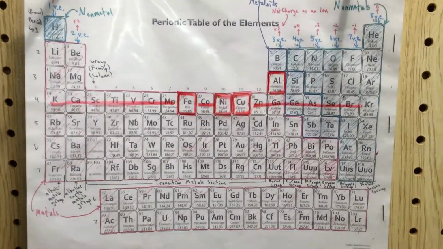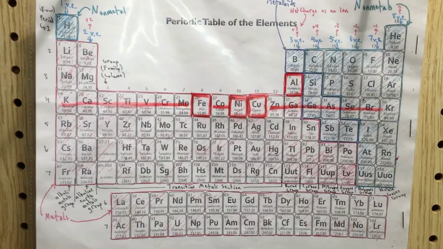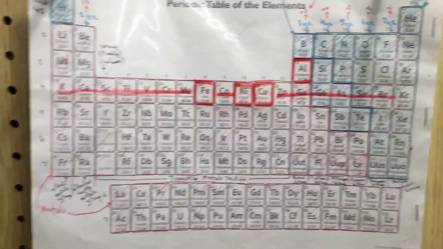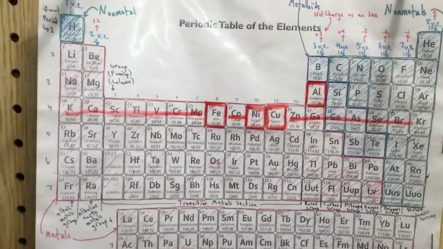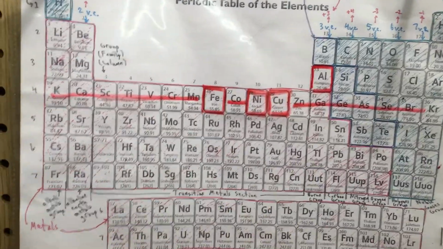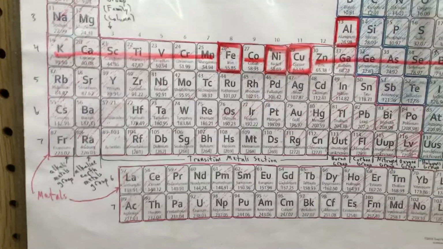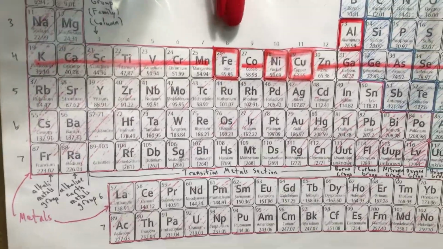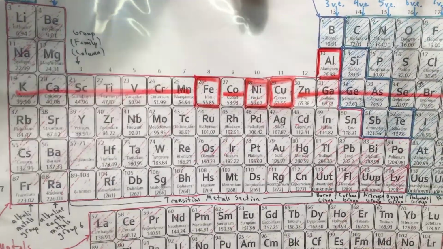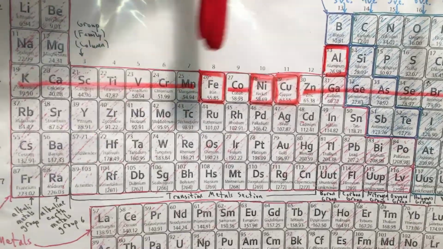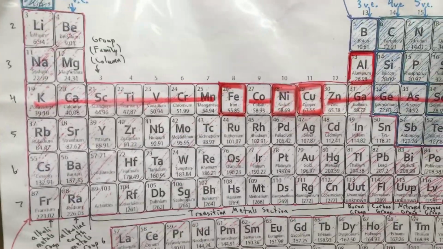If we look at the periodic table, iron, nickel, and copper are all in the same period. They are all in period 4, despite being in different sections of the transition metals. Iron is in group 8, nickel is in group 10, copper is in group 11. They're all in the same period, so they have that in common.